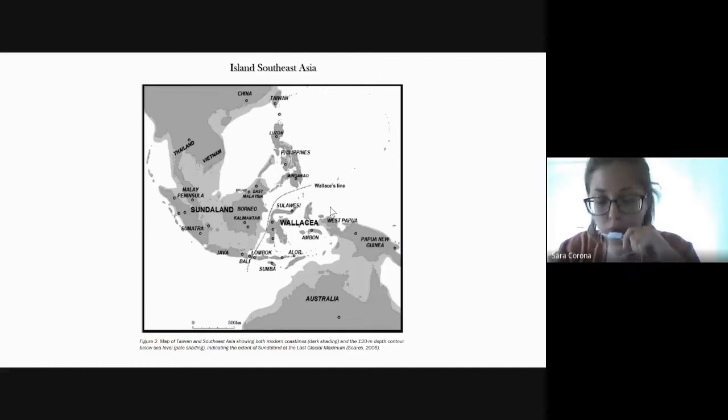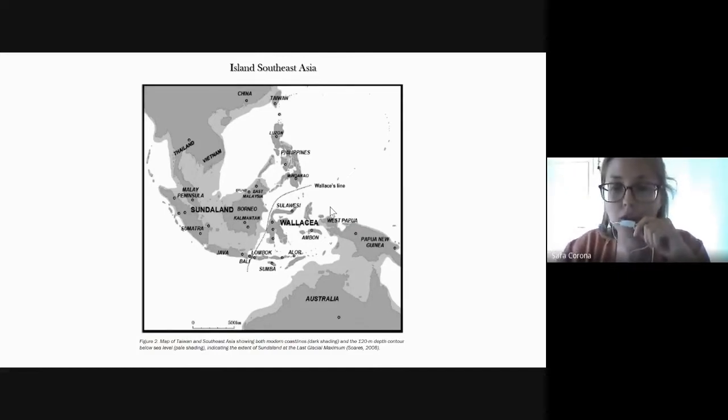And we come to island Southeast Asia. I'm going to talk more about how the sea level changes influenced this geographic area. First of all, being an archipelago, the sea level of course influenced the geographic aspect of this area.